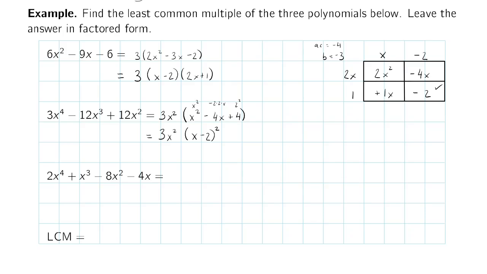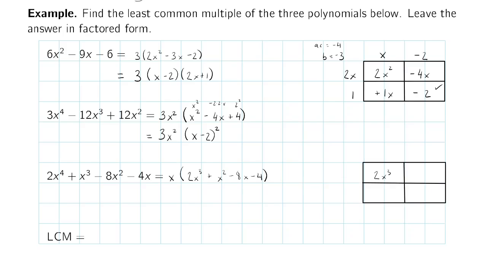Okay, cool. Then this last polynomial, I've got 2x to the 4th plus x to the 3rd minus 8x squared minus 4x. I think I can factor out a common factor of x. And then I'll have 2x to the 3rd plus x squared minus 8x minus 4. And now I have 4 terms, so I'm going to try to factor by grouping.